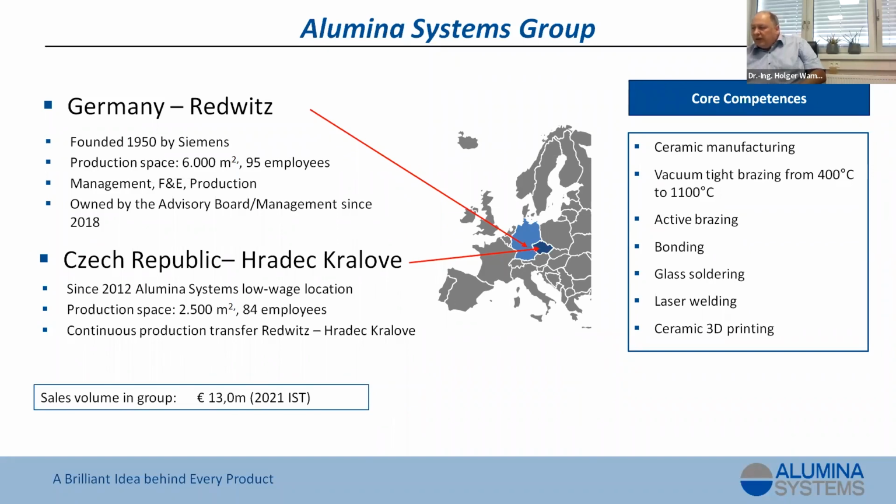I would say 90% of our products are combined components made from alumina and metal. We are using active brazing, passive brazing, glass soldering, laser welding. And for around 8 years, we have been in the ceramic 3D printing business, starting with a printer from Lithoz and developing this field further in the following years.